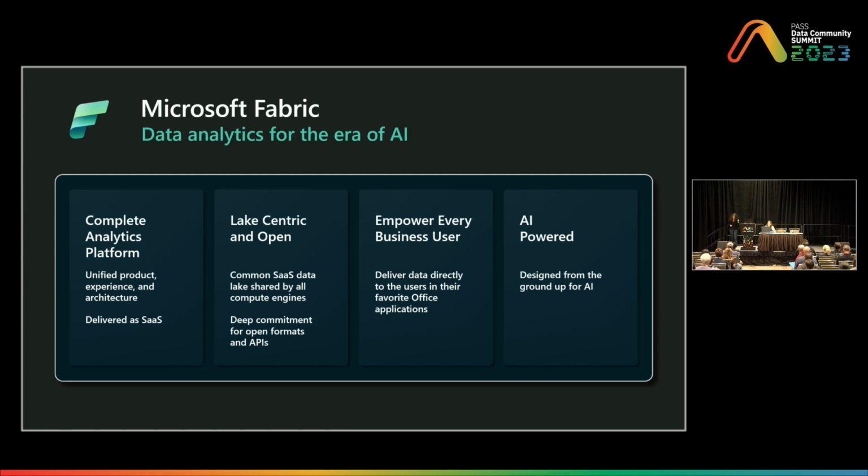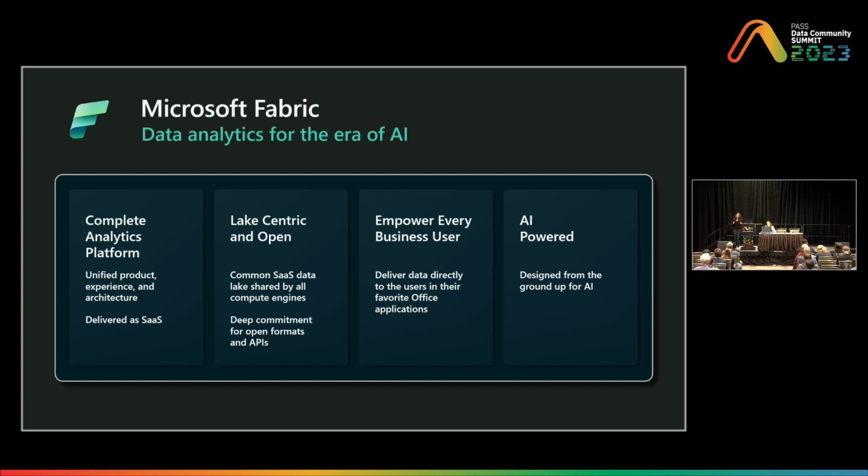This includes Azure Data Factory, Azure Synapse Analytics, Power BI, Kusto, or real-time analytics, all of these services brought together as a complete analytics platform, one set of experiences, one architecture, one unified platform, and as I'd mentioned, delivered as SaaS, unlike the building blocks of PaaS that we brought to you in Azure.